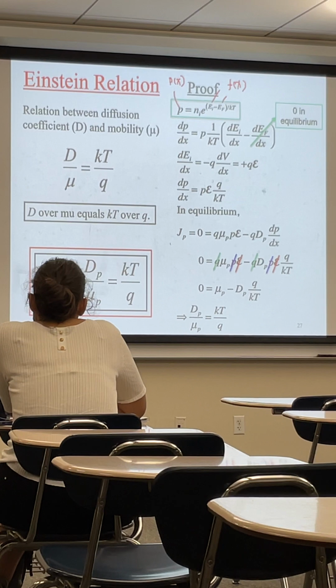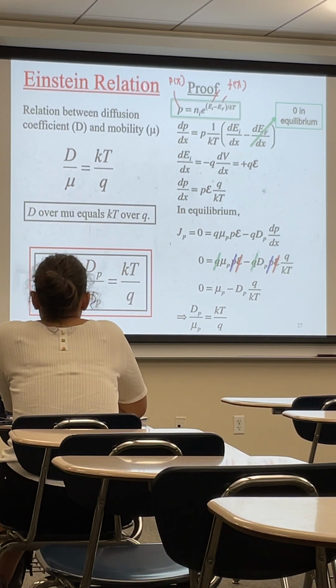So then we just take the derivative. We have dp over dx on the left side.